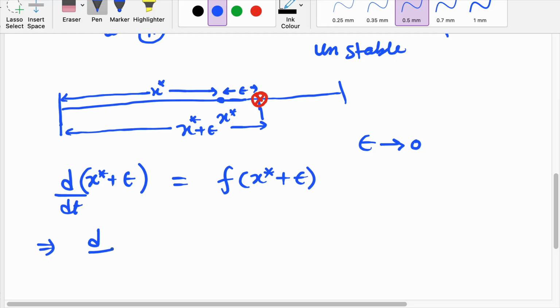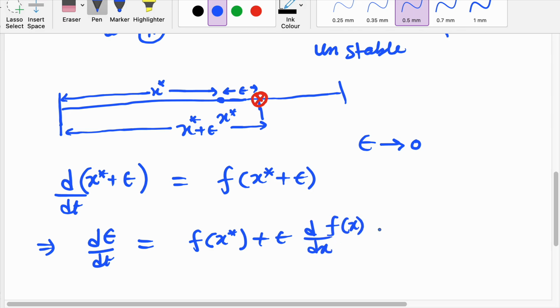Then d of x star is constant, so this will be d epsilon dt. Since epsilon is very small, we can expand it by Taylor series expansion. It will be epsilon times d dx of f of x at x star, and many other terms which contain the nonlinear powers of epsilon.